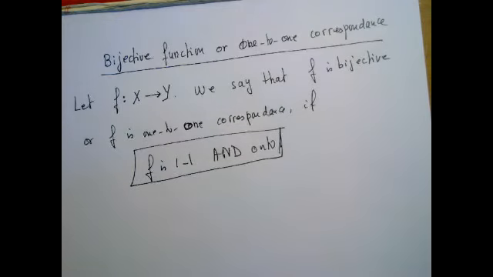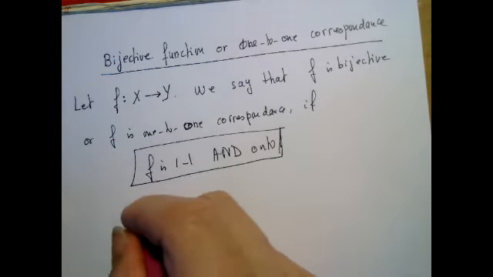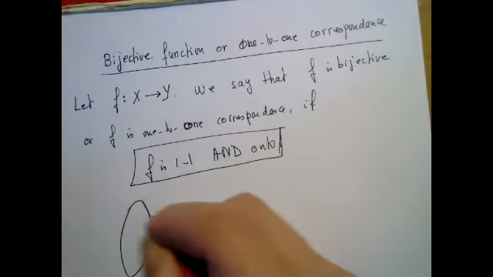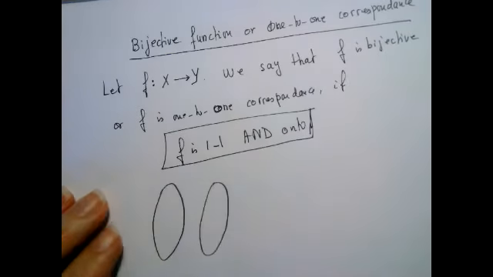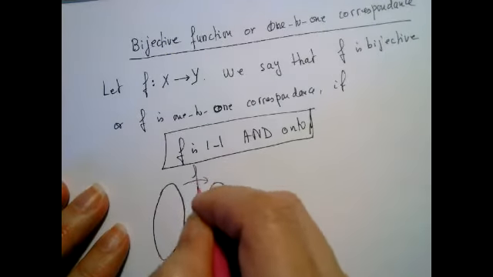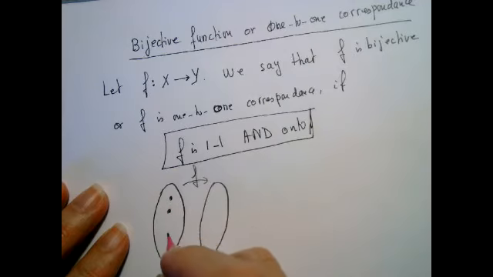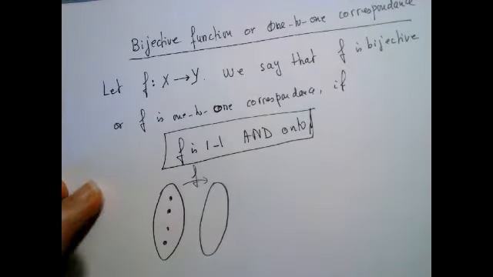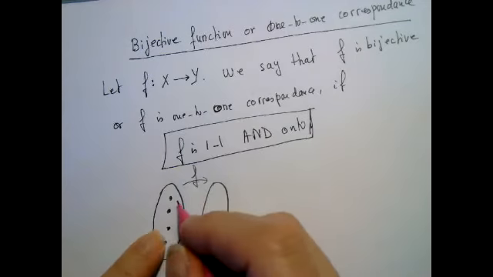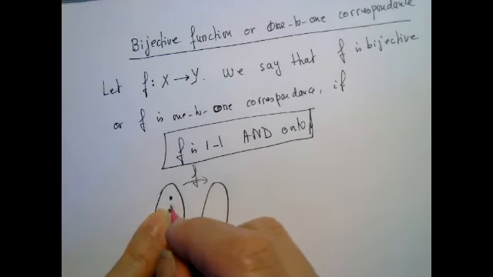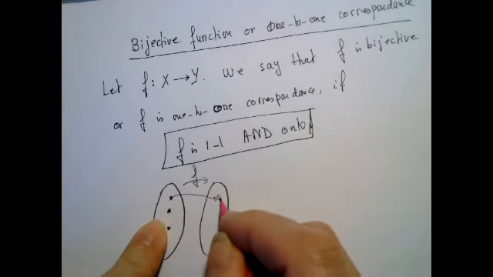It's one-to-one and onto. The simple picture that I'm drawing, even though it is simple, gives us a picture of what's happening. So suppose I have this here. Next time we will see what happens if I have infinitely many. One-to-one means every term has to be sent to a different term.